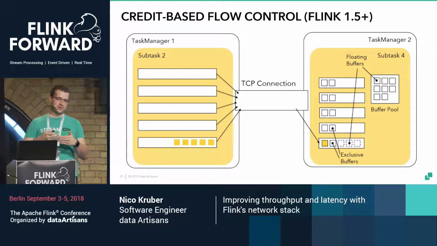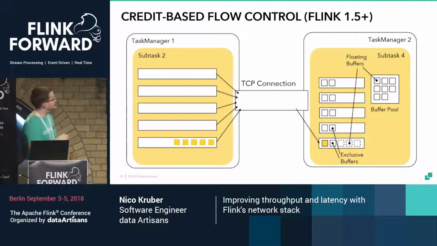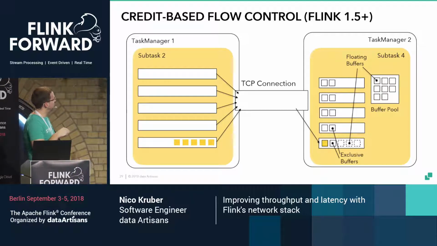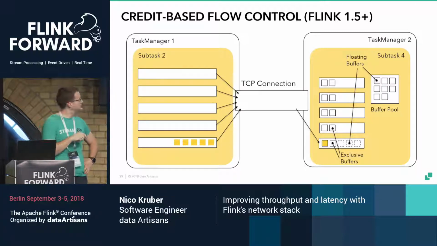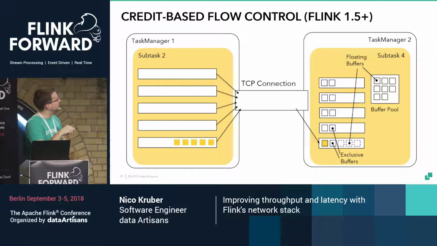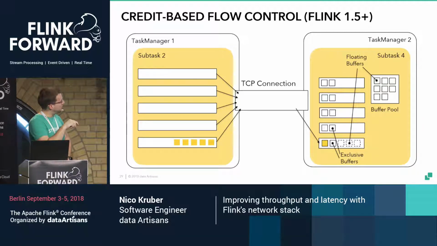I will only forward data to myself, but since that was a shuffle, I will add queues for all the potential other output channels as well. Same goes for the receiver. The receiver will have input channels for each of the potential inputs, but only one of them will be used because we're already keyed. And each of those input channels will have exclusive buffers assigned.